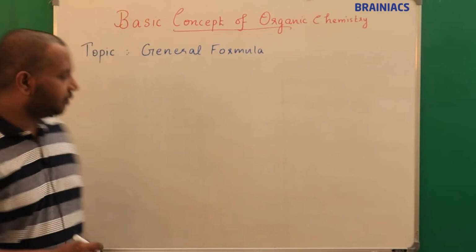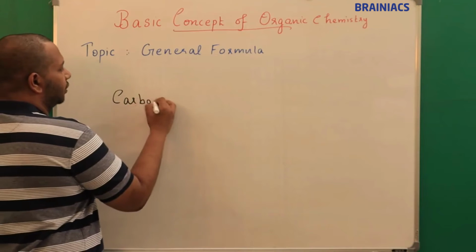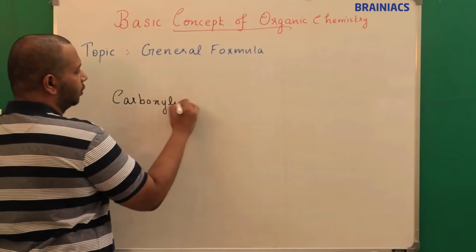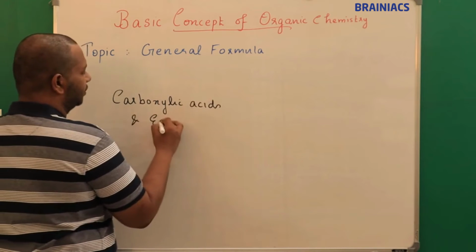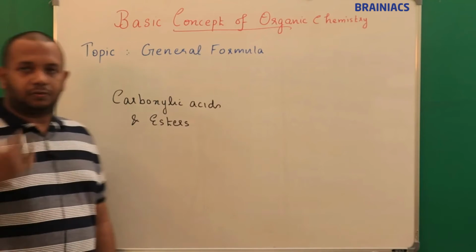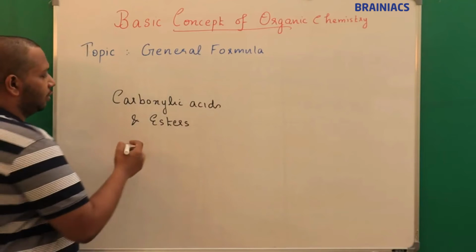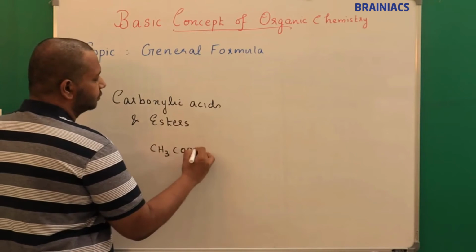Next in the group are carboxylic acids and esters. We know they are also functional group isomers, so carboxylic acids and esters have the same general formula. So what is that general formula? We will try to see. We will draw one simple carboxylic acid, CH3COOH.